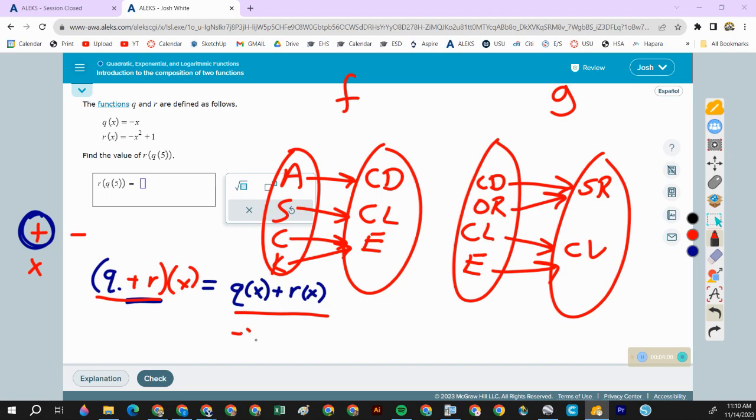So you would just do negative x plus negative x squared plus 1. And that gives us negative x squared minus x plus 1. All right? So this function's name is q plus r of x. And I could do the same thing with addition and subtraction, multiplication and division.